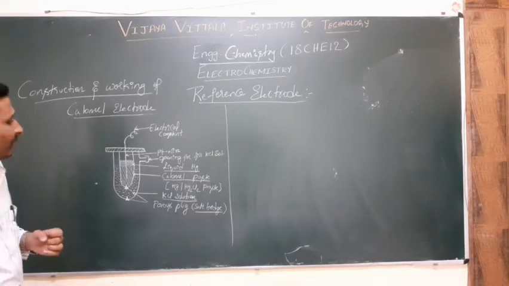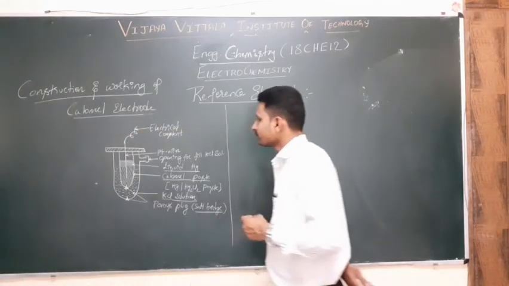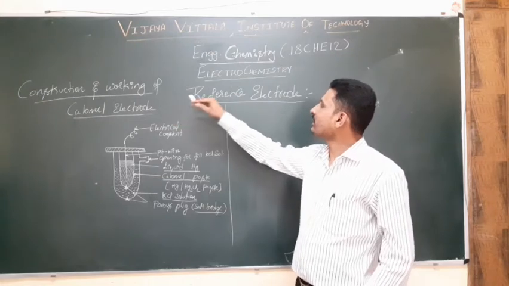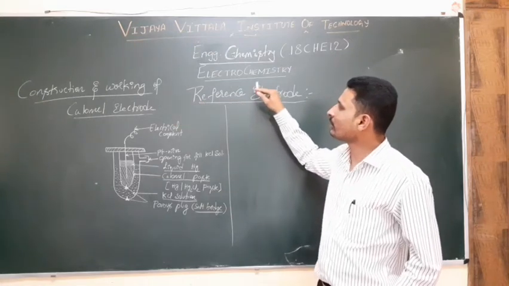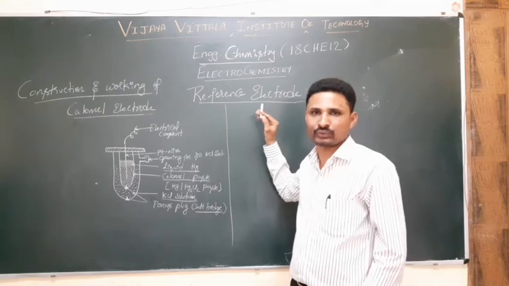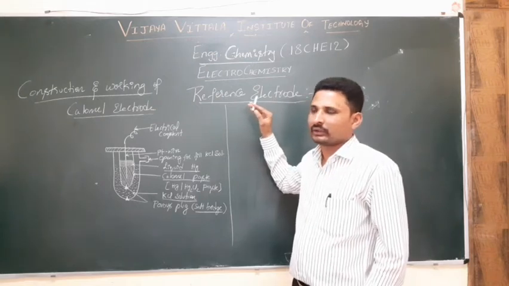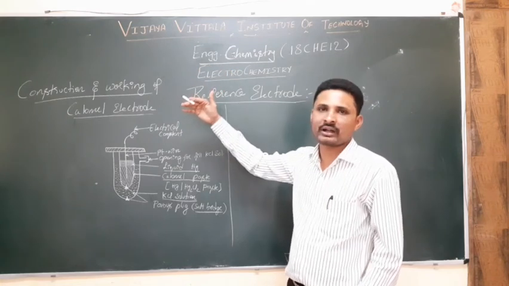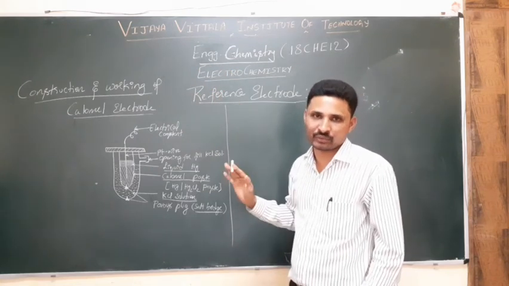Once again, observe carefully. This Calomel electrode is a metal salt ion electrode, as I told you in the types of electrodes. It is also called the secondary reference electrode.